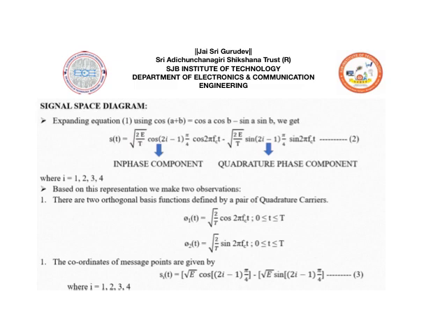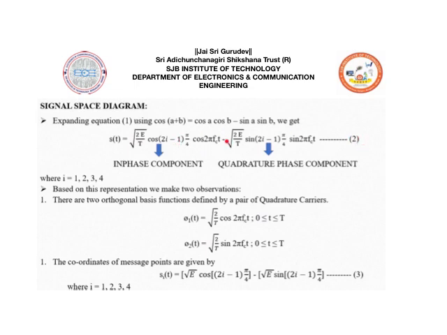If we expand equation 1 using the trigonometric relationship, that is cos of (a plus b) equal to cos a cos b minus sin a sin b, we get S of t equal to square root of 2E by T cos of (2I minus 1) into pi by 4 into cos of 2 pi fct minus square root of 2E by T sin of (2I minus 1) into pi by 4 into sin of 2 pi fct. This we can take as equation number 2.